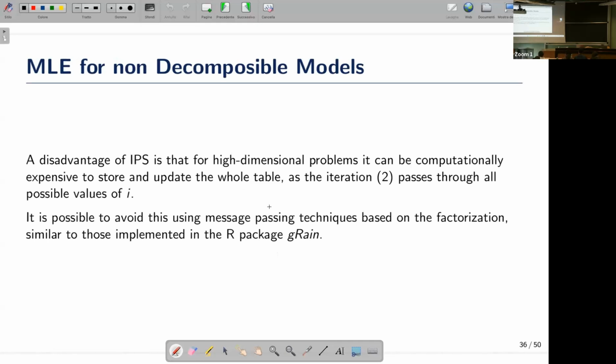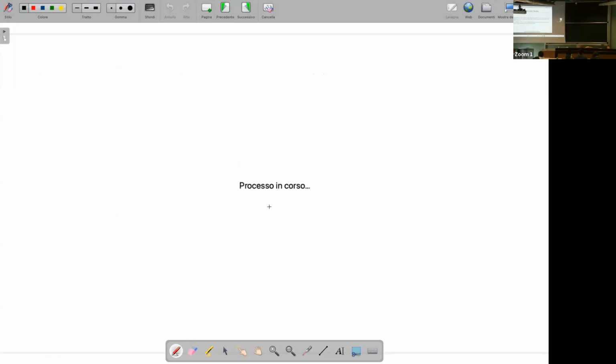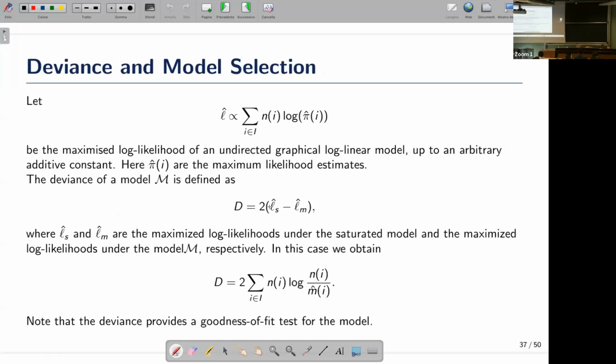So the package that implements this is called gRain, and we are going to use it. Inside, it relies on the deviance. I guess you are all familiar with deviance, more or less.